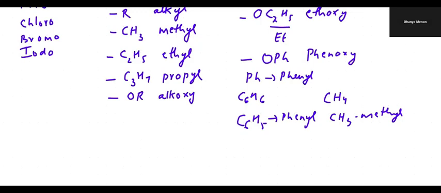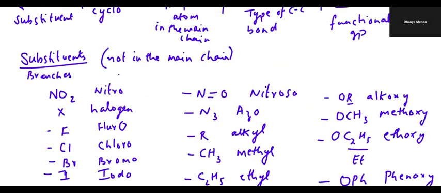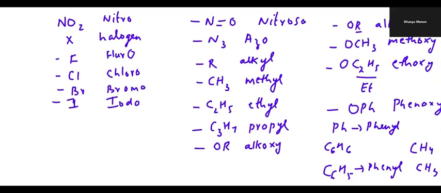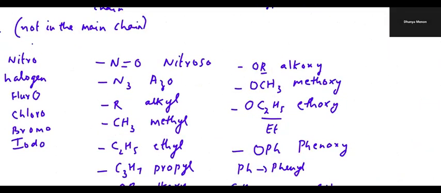Okay, so I hope you have noted down the different substituents. These are mentioned first with their position. Okay, so these are some important substituents. I'm rubbing this, I hope you have taken a screenshot.